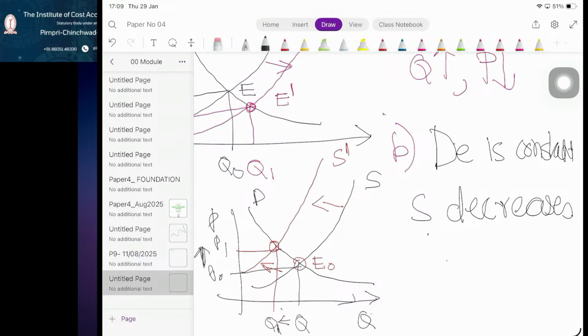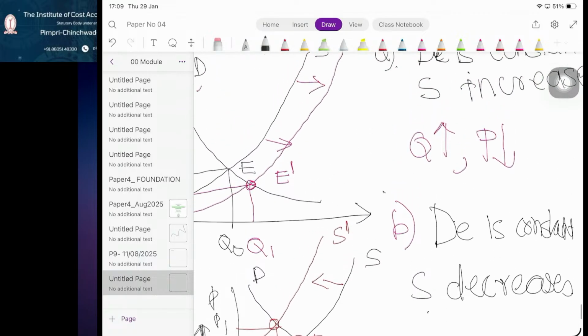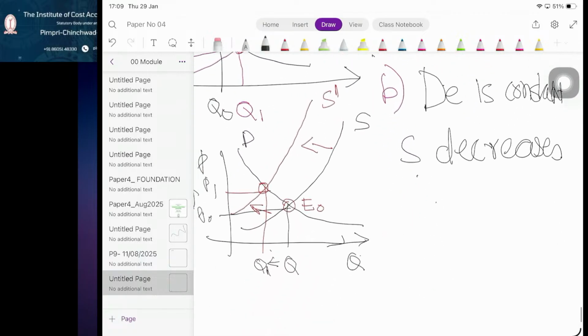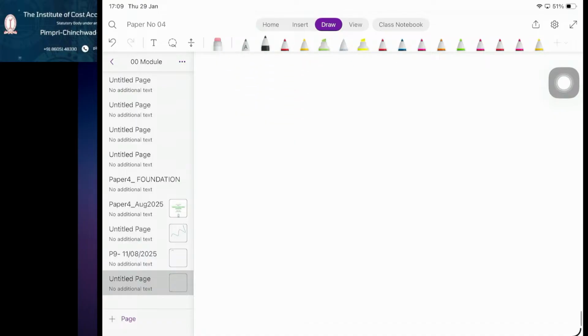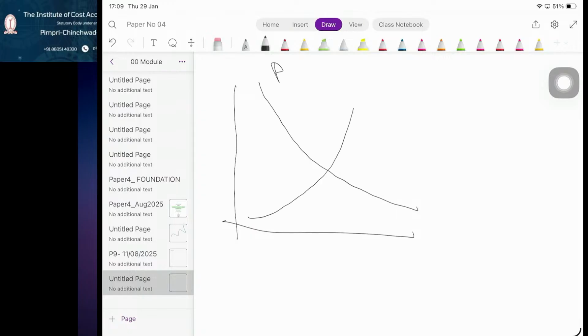Got it? Okay. Two more cases we will do today and then we'll stop. Okay. Draw a diagram like this. P, Q, mark the equilibrium, P naught, Q naught. Okay.